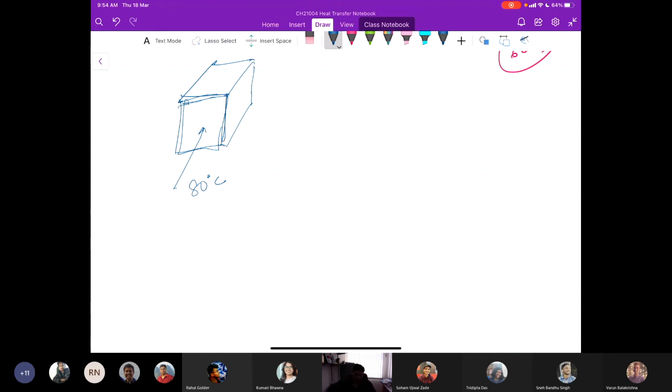Instead of rectangular, consider this as a square cross section. So this is 0.2, this is 0.2 meters. Both sides are 0.2, so the cross section is 0.2 by 0.2 meters.